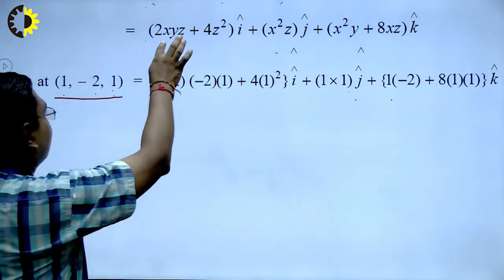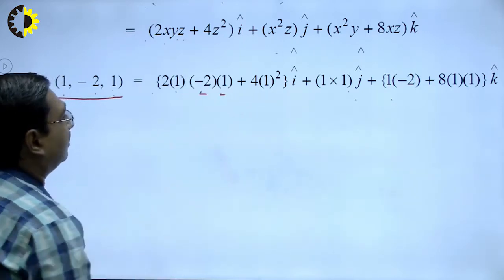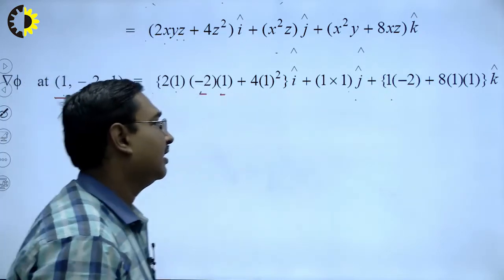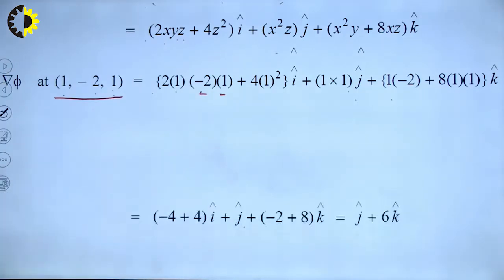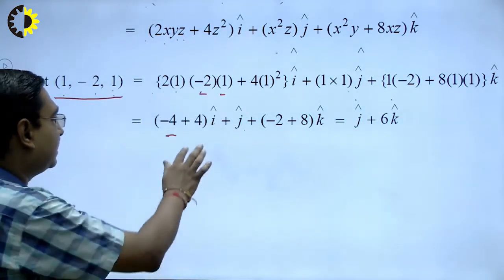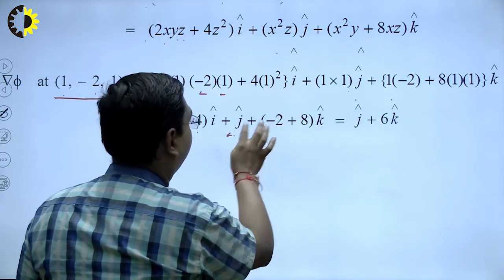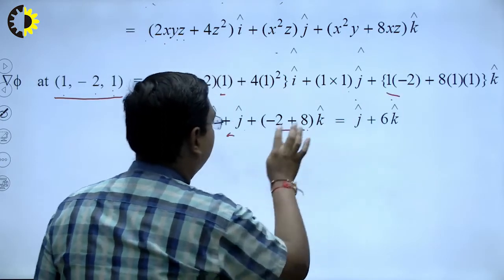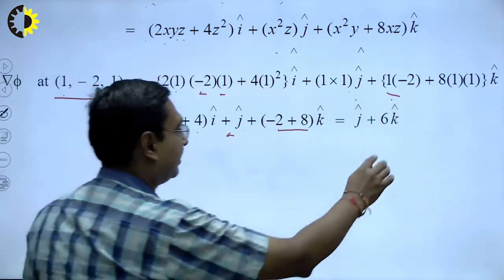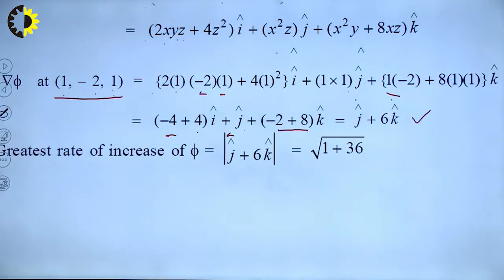Substituting, x becomes 1, y becomes minus 2, z becomes 1, and similarly in other terms. Simplification leads to this term minus 4, this is plus 4, this is 1, and this is minus 2 plus 8, and simplification gives j plus 6k cap, which is the value of grad phi at this point.